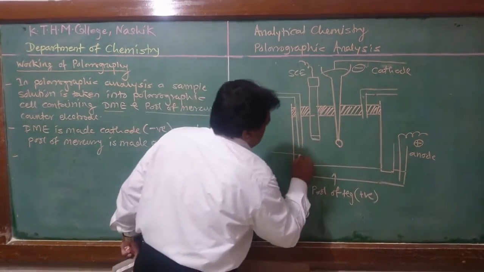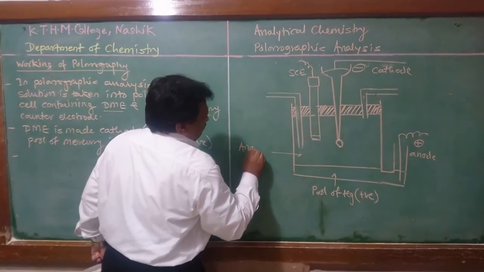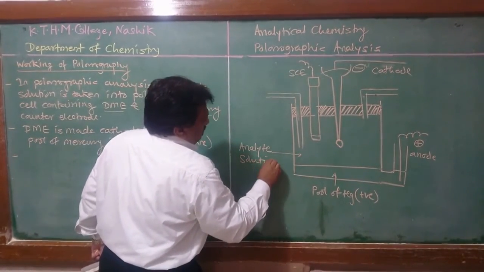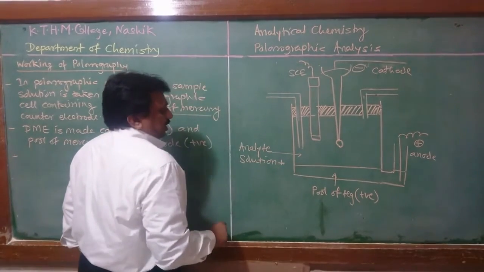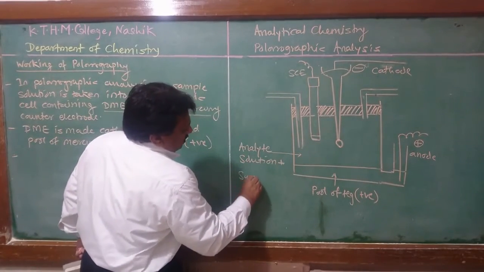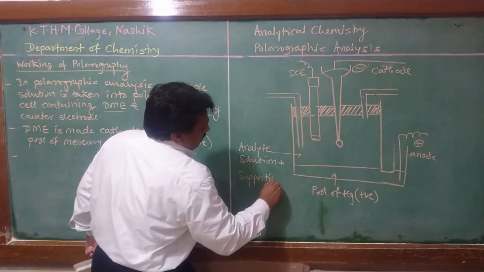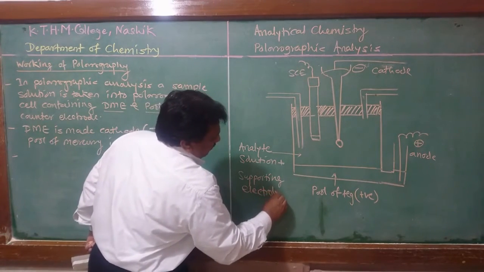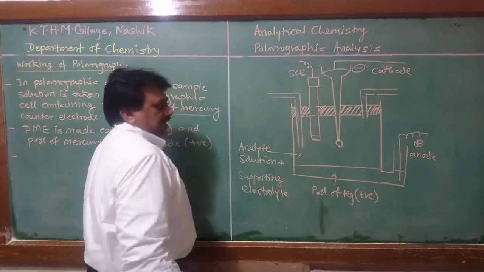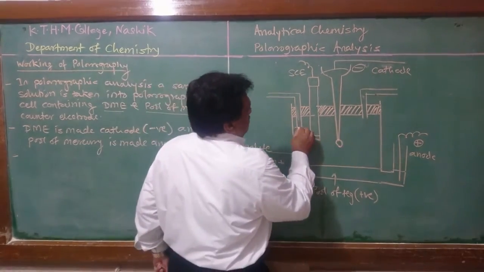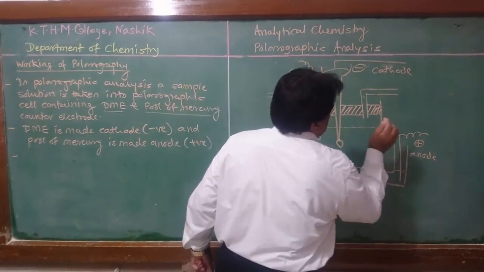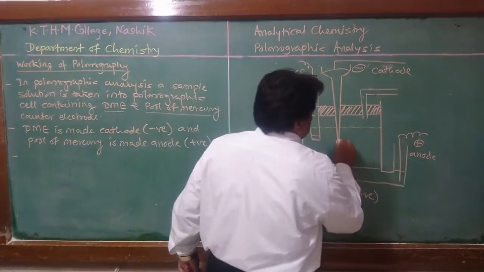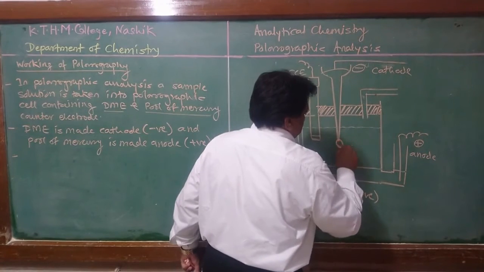Now in this cell an analyte solution is taken, and sometimes a supporting electrolyte is also added in this analyte solution, a sample solution or analyte solution. This is the site for the redox reaction.